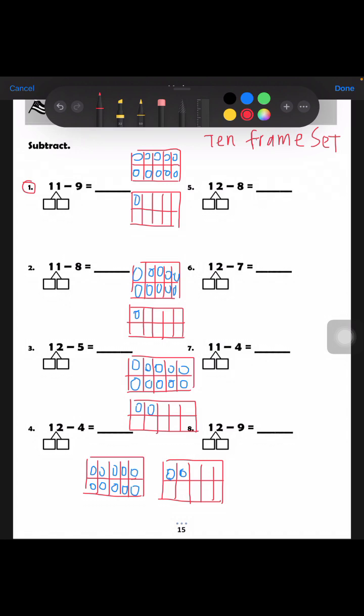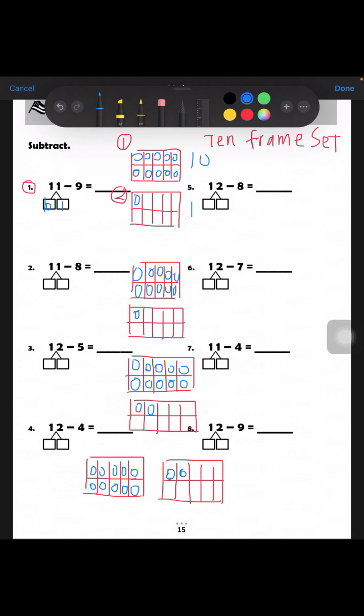Okay, so question 1, 11 minus 9. Here we got 2 10 frame sets. In the first set, there are 10 circles. And in the second set, there is only 1 circle. So 11 is split into 2 parts, 10 and 1. We now need to take away 9 circles.